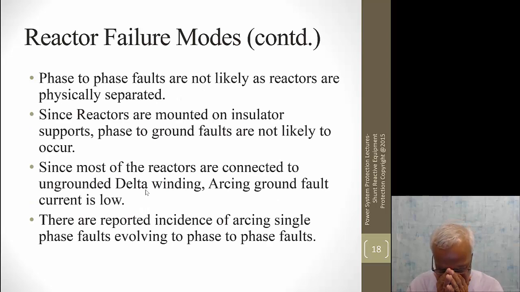When you look at the configuration, phase-to-phase faults are not very common here because they are physically put as three vertices of an equilateral triangle. They're physically separated. It's very rare that it happens, and also it is an ungrounded system, so a phase-to-ground fault is also arcing, and the arc current is very low. There are reported incidents of arcing single-phase faults evolving into phase-to-phase faults, and that will create a two-phase to ground fault with short-circuit current.